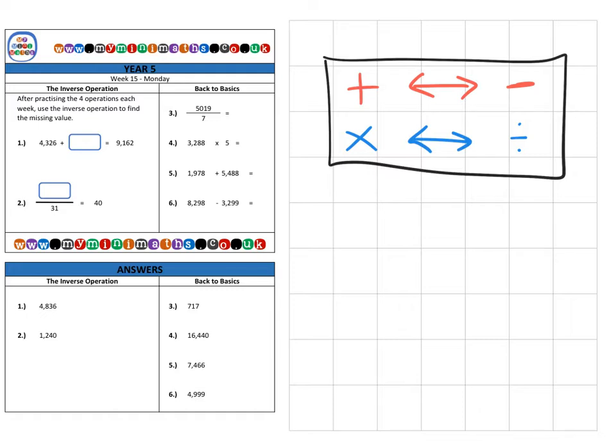Okay, so let's have a little look at question 1 to begin with. And we can see that we need to add something to 4,326 to give a total of 9,162.